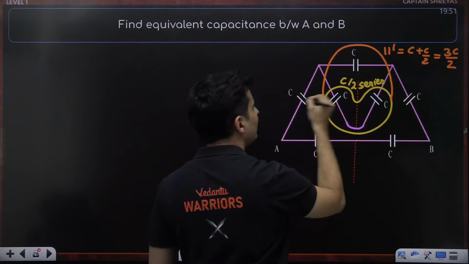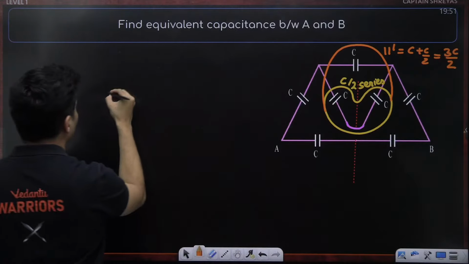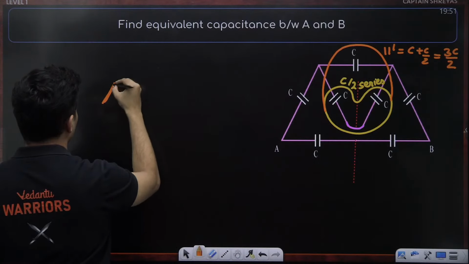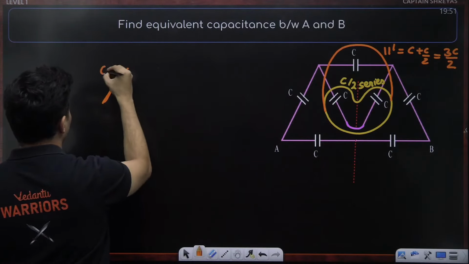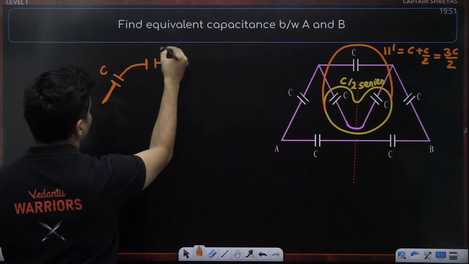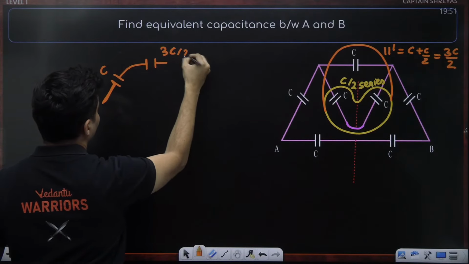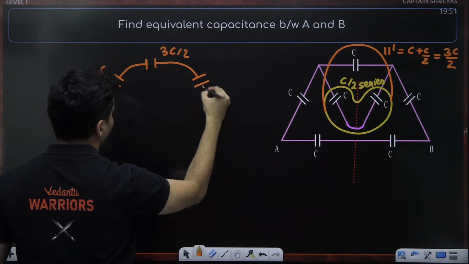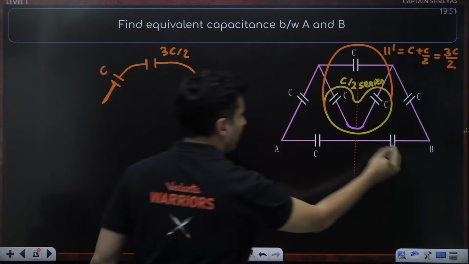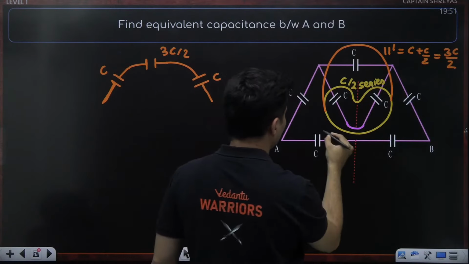That is in series with these two. Check this out again. You have C, you have 3C by 2, and you have C again. And these two are also in series.